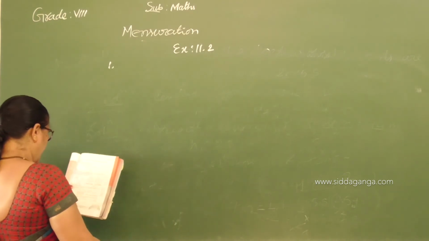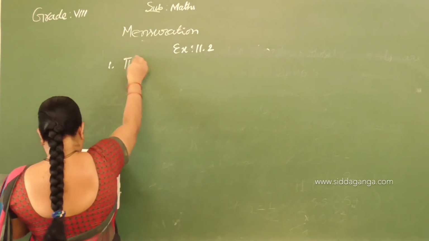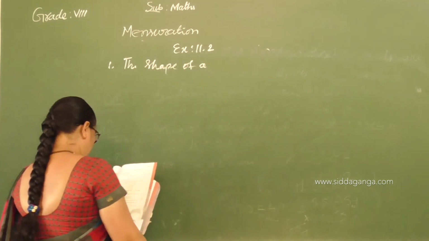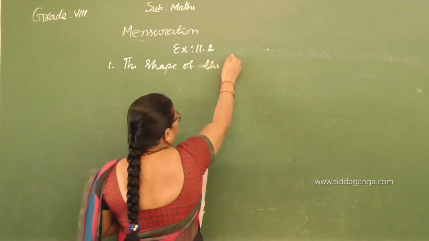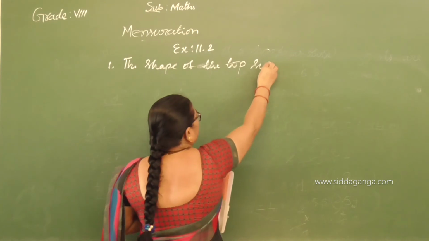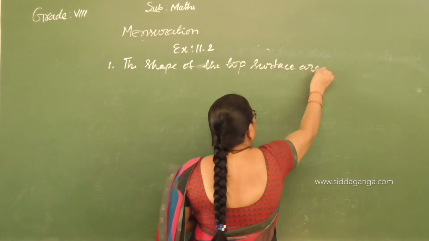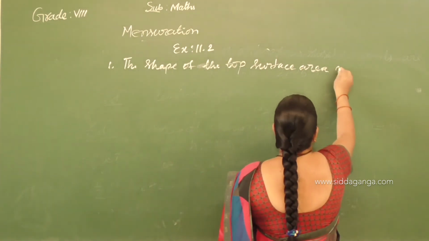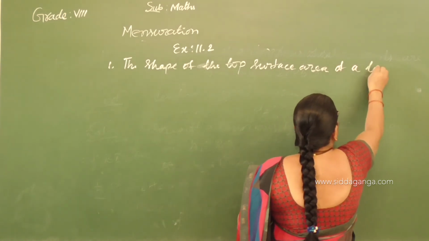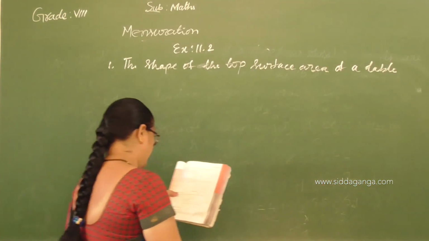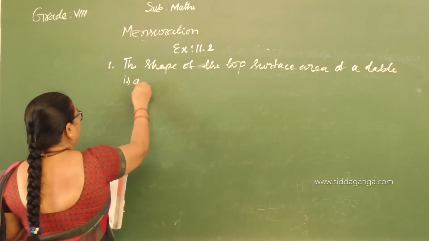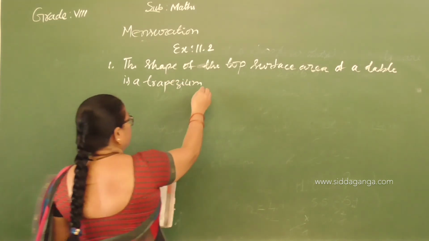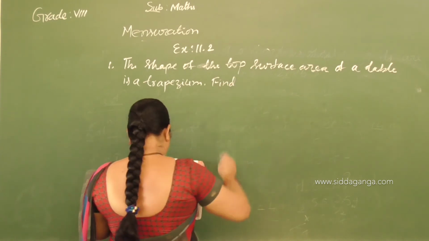The shape of the top surface area of a table is a trapezium. Find its area.